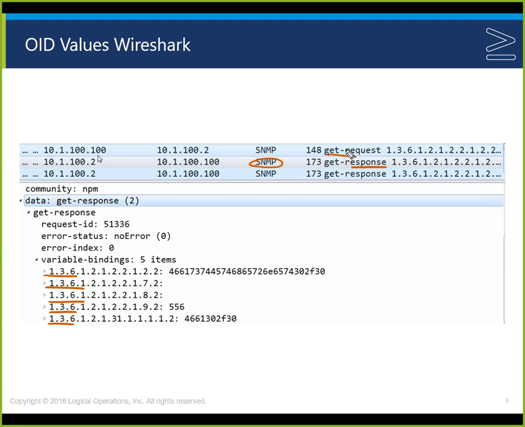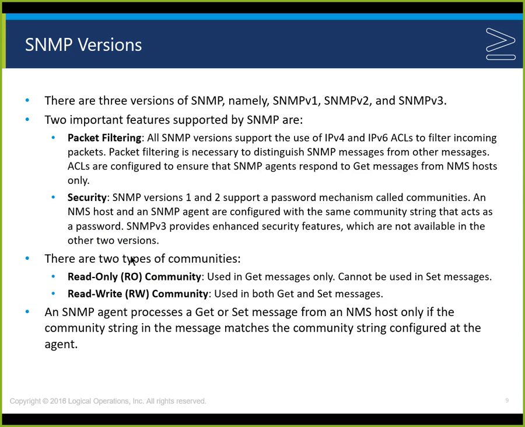So we get a get request, which is not shown, and then a get response, which the information down here, get response, request ID, the variable bindings that come back from the device. So those numbers represent the data that we're going to chart on our devices.